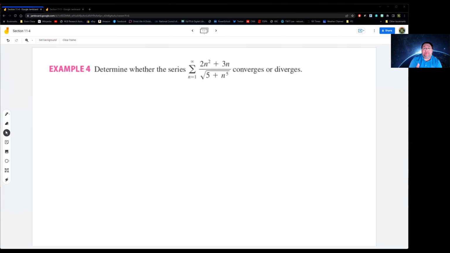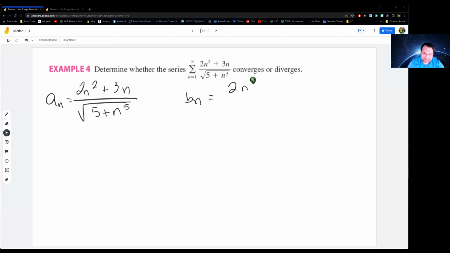However, we're going to do the same thing to determine what happens as we get infinitely large to find that comparison piece. So in this problem, my an is 2n squared plus 3n over the square root of 5 plus n to the 5th. My bn in the numerator, my 2n squared is going to stay because that's the biggest part of it.